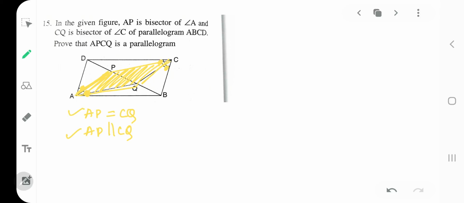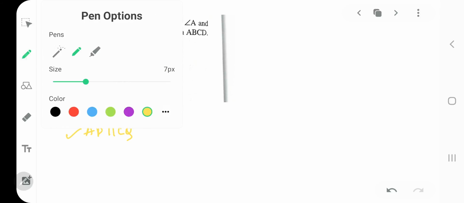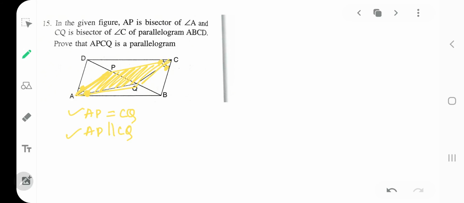How will you prove? Shall I go in triangle DAP and triangle CQB? This will be the alternate angles. Angle D and angle B here.